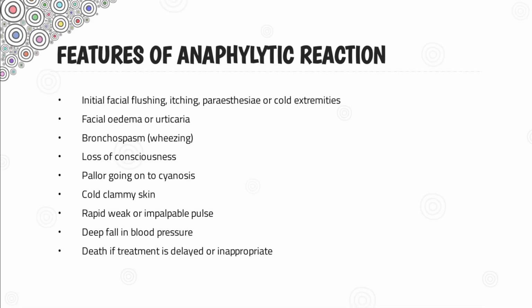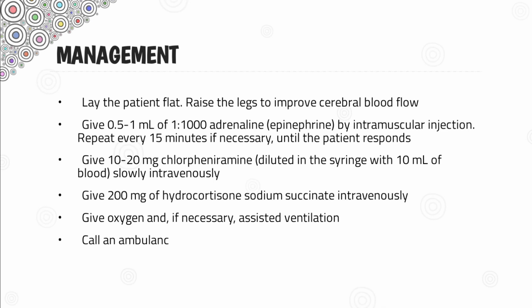Initially there will be flushing, then pallor, then cyanosis, cold and clammy skin, and a rapid, weak, impalpable pulse can be there. Also, BP can be rapidly falling. If treatment is delayed or inappropriate, death can even occur.